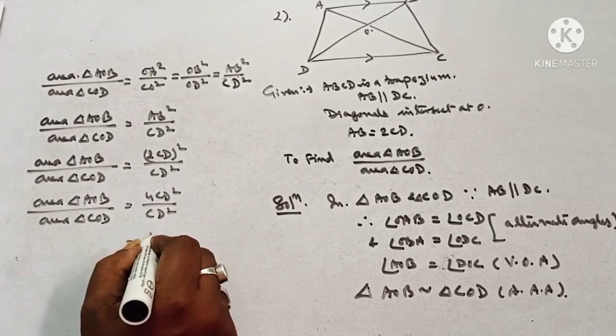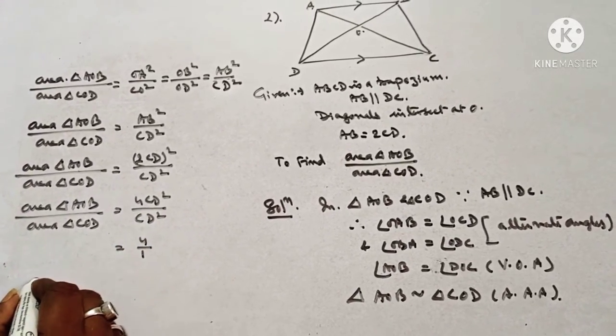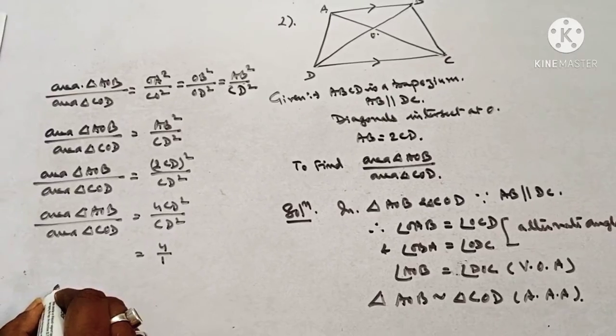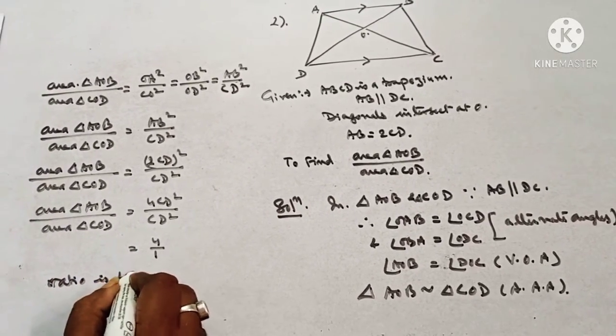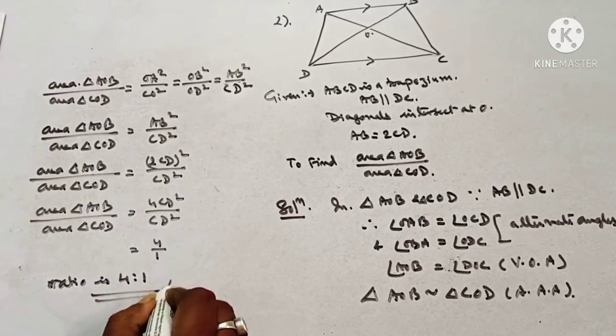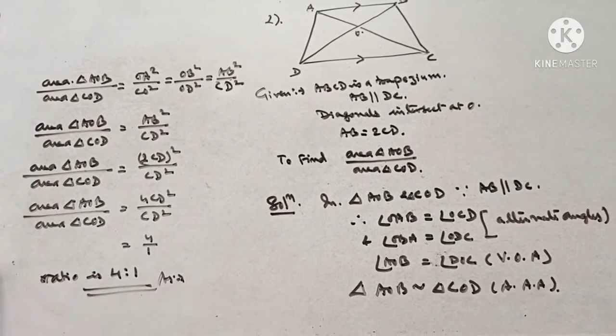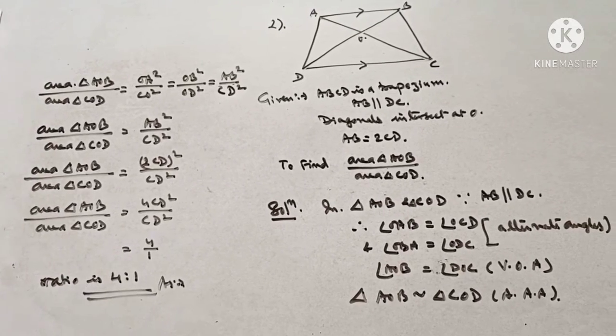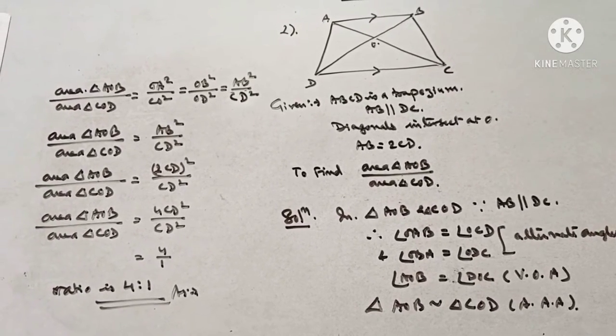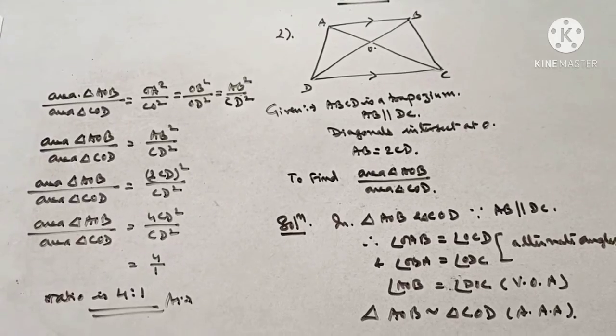So this comes out to be 4 by 1. So ratio is 4:1. This is your answer. Now 6.4, question number 2. This is 4:1 ratio.